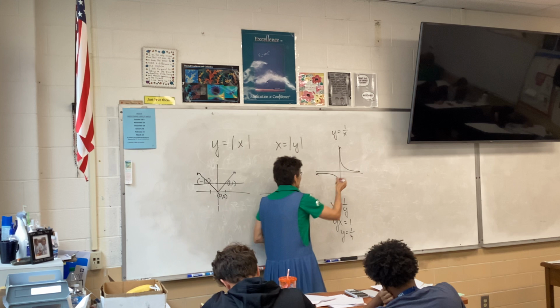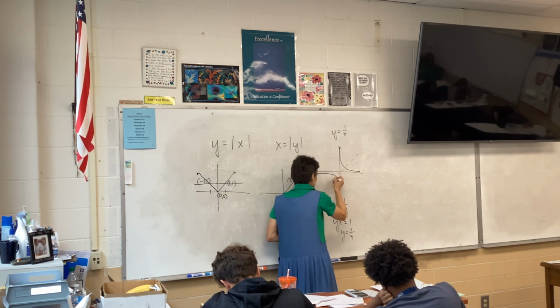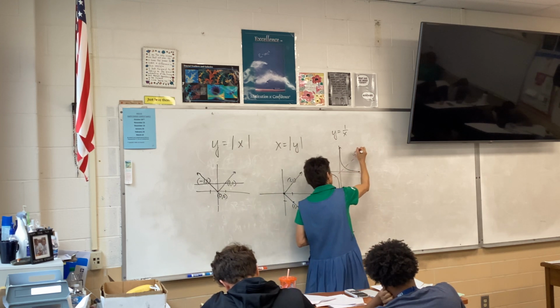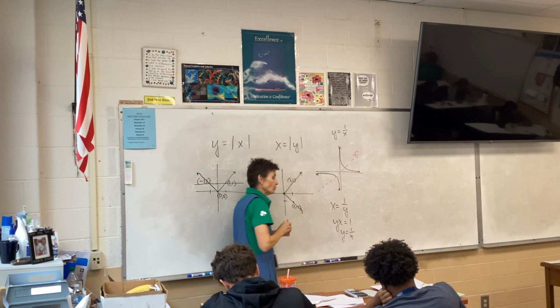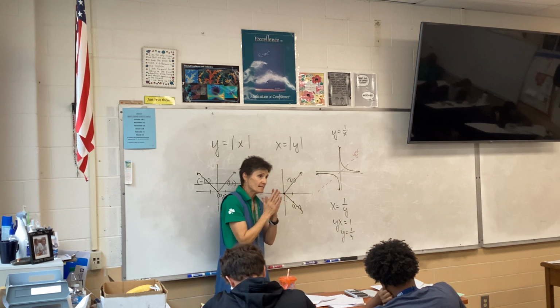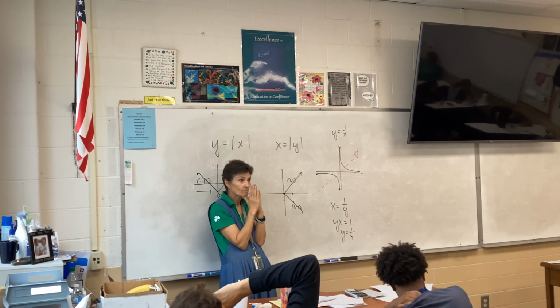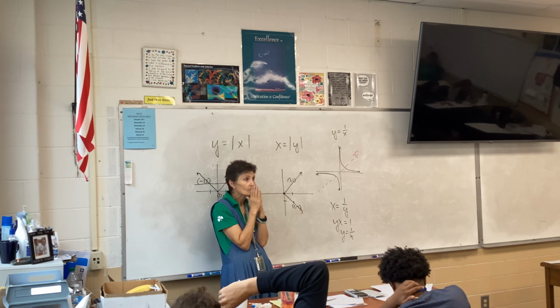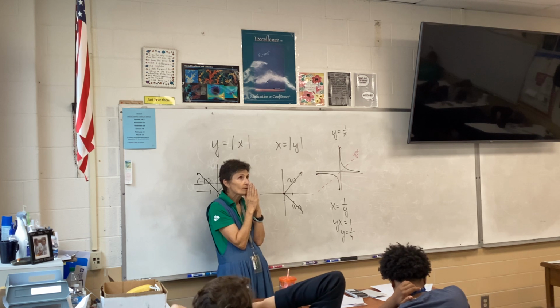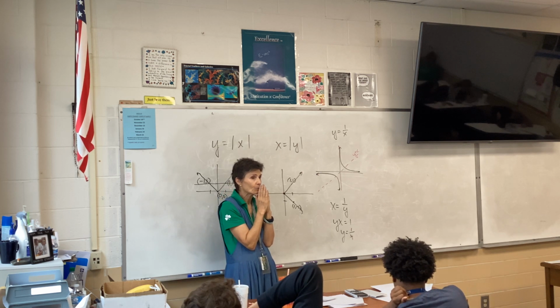Inverses are reflections across the identity line. If I were to fold my paper on the identity line, do you see how the two pieces would come together? Pieces should be falling into place for you right now.